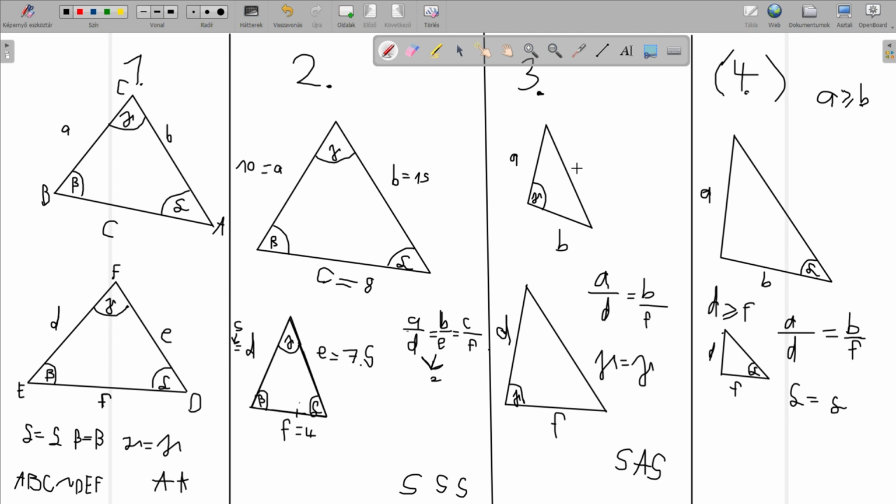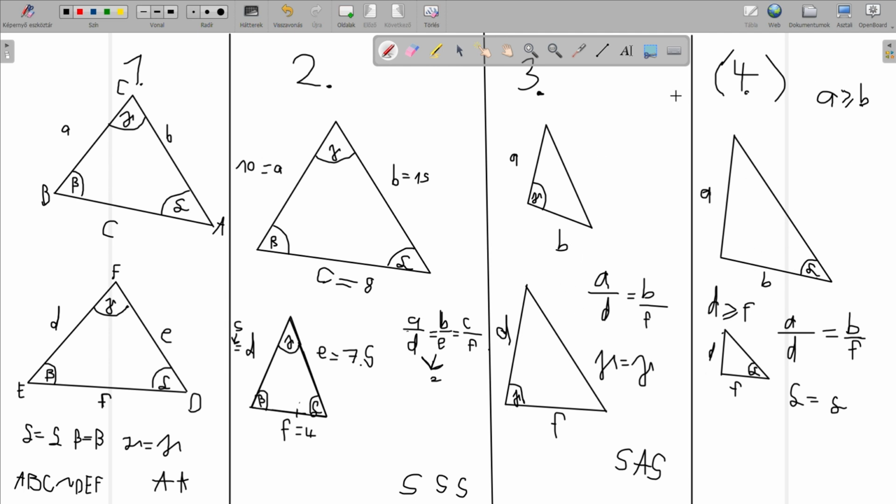The third one is if we have side A divided by side D is equal to side B divided by side F, and gamma is equal to gamma. So if the ratio of two of their appropriate sides is the same, and the angle in between those sides is the same.